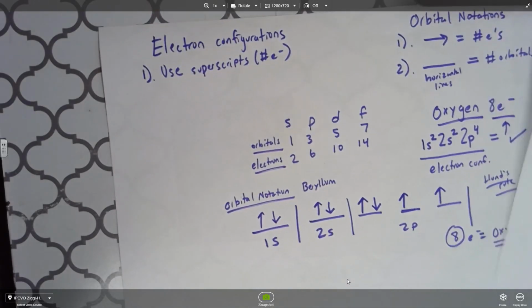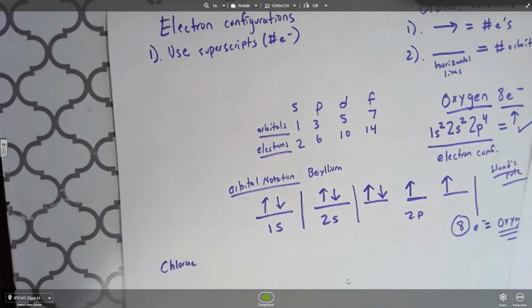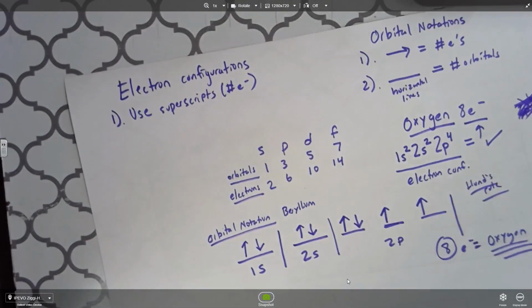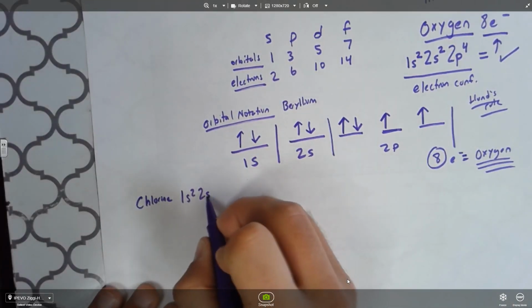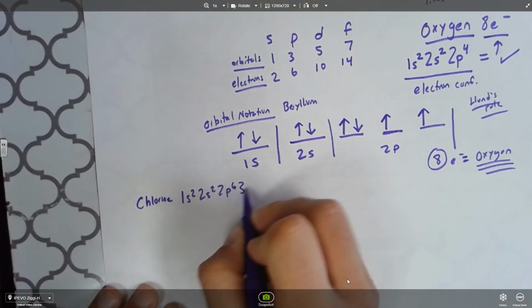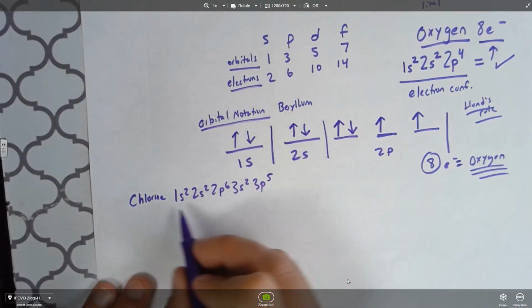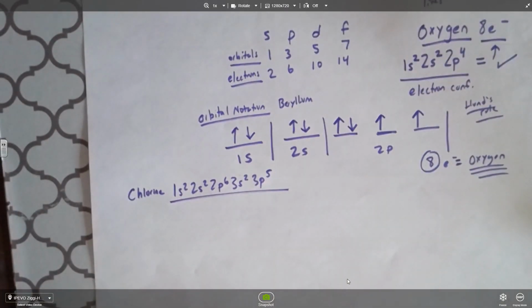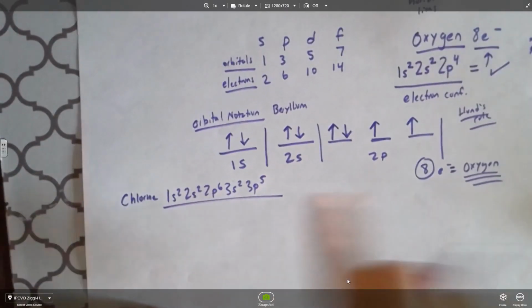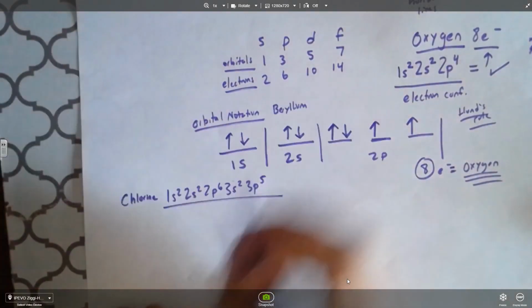So chlorine. Let me put it where you can see it. Okay, chlorine here. Now, this was its electron configuration that we just did. So chlorine here, we have to show this like this. Okay. So s has 1 orbital.